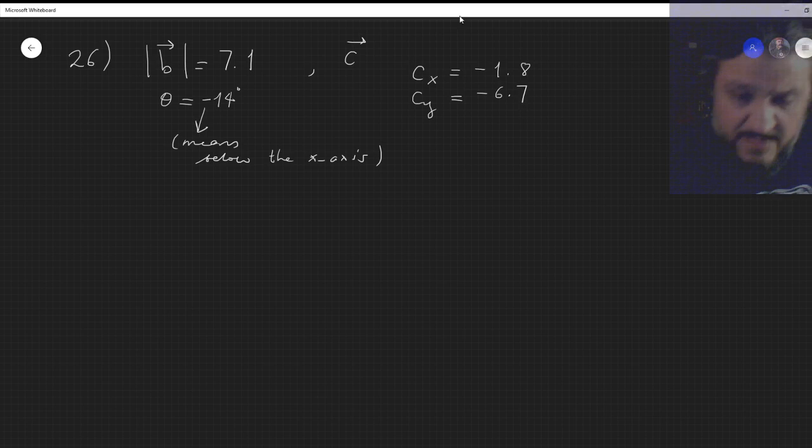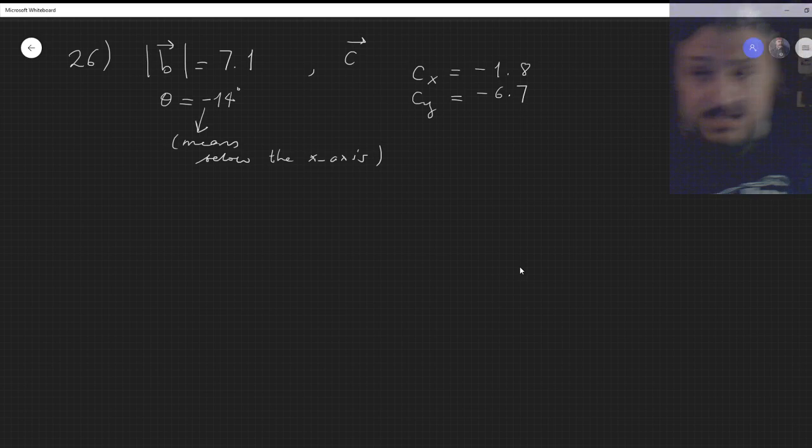Are we recording, by the way? Let me check quickly. Yes, it's still recording. Good. So this is the y component. So pretty much we know everything about the C vector as well. All right.